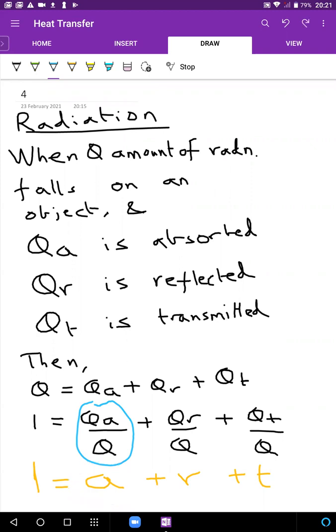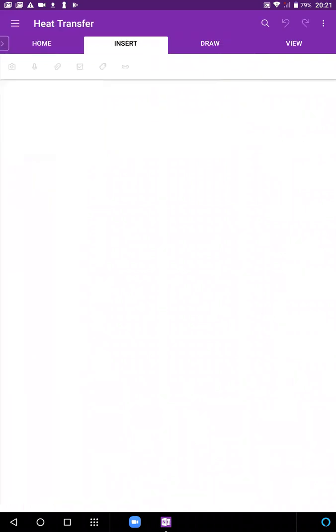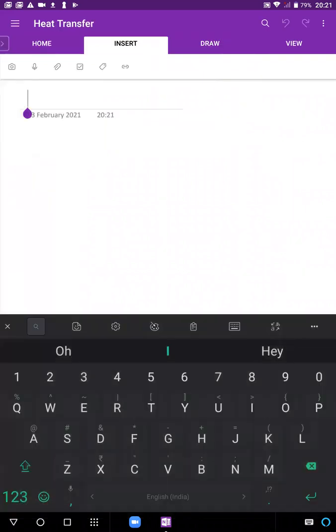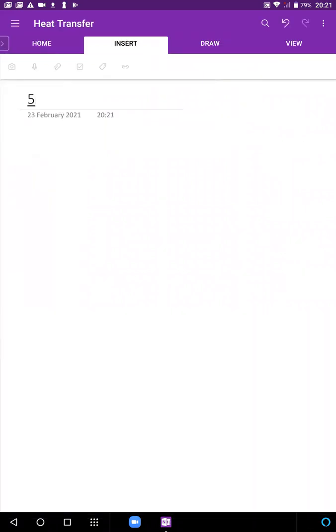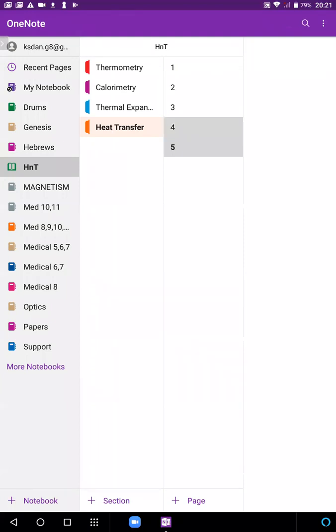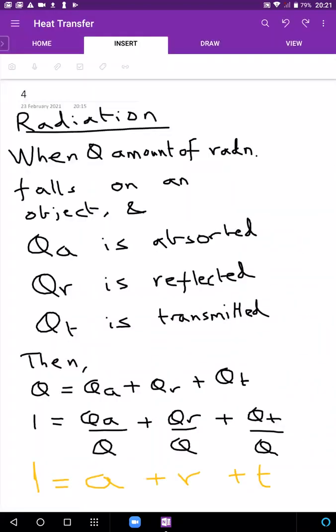ठीक है, यहाँ पे Q cancel नहीं किया, it's not multiplication or division or anything. What is radiation here? What are you referring to?